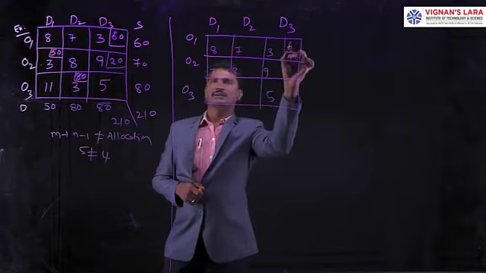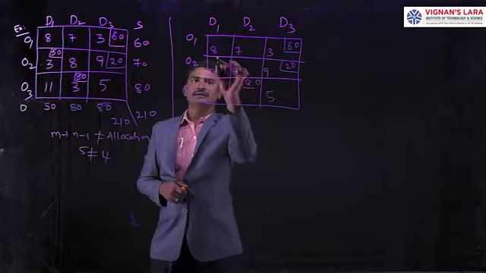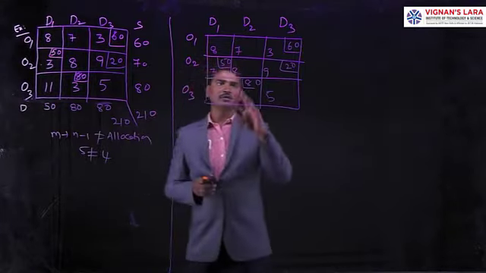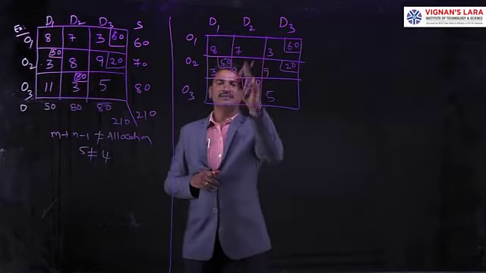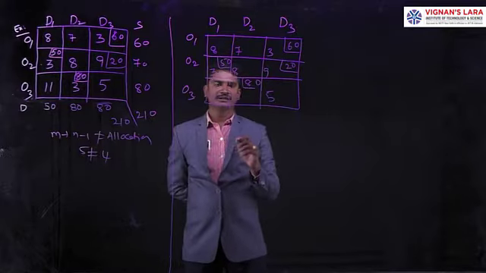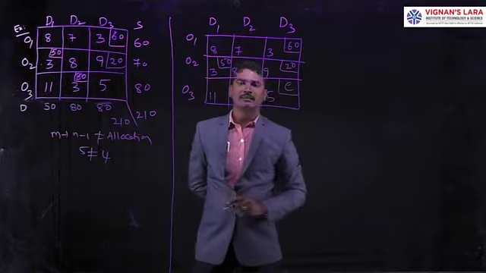Here we have the allocation, here we have the allocation, and here we have the allocation, and here we have the allocation. Then here we don't have the allocation at 5 cells. Those are 8, 7, 11, 5. In this we are going to identify the least cost. Here we have the least cost. So here we are going to add the minute value.